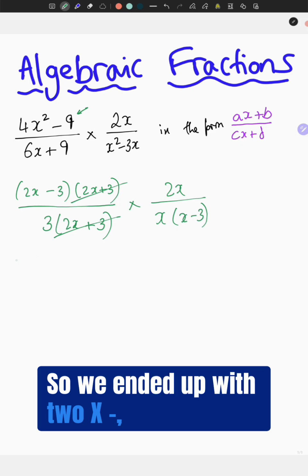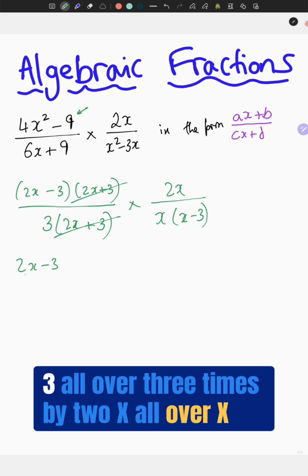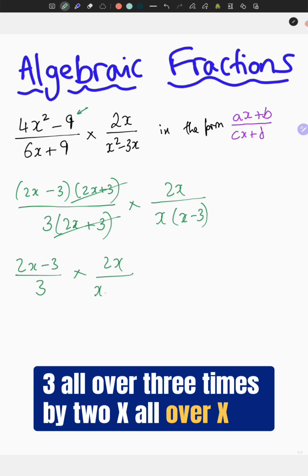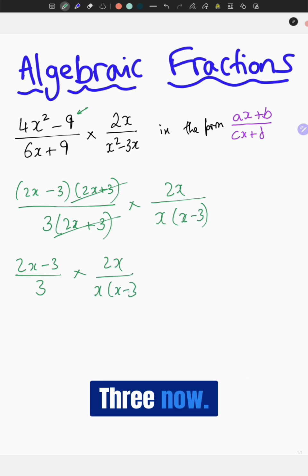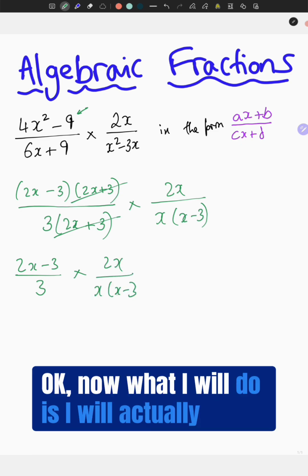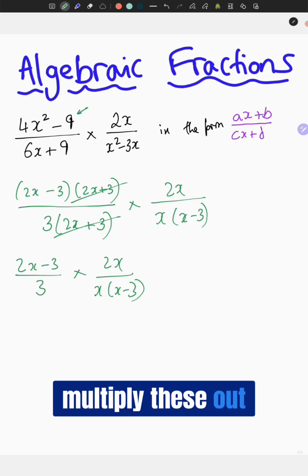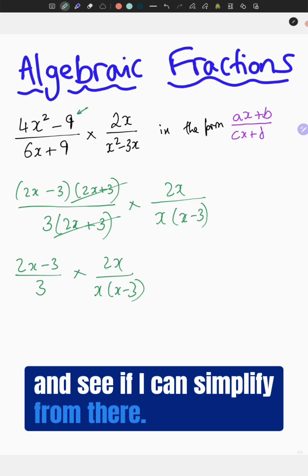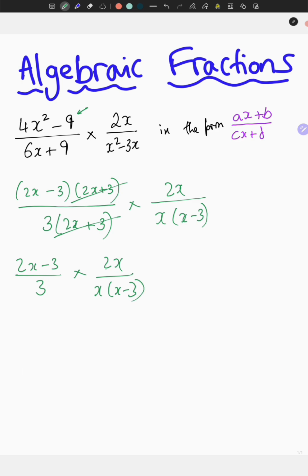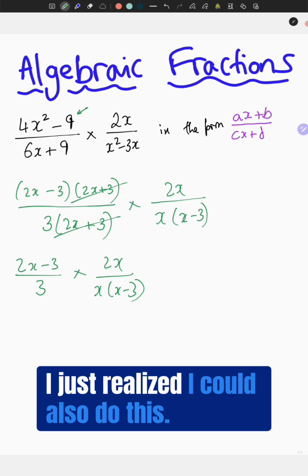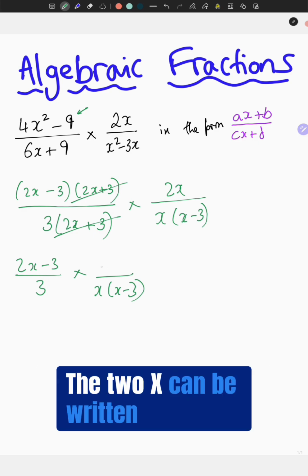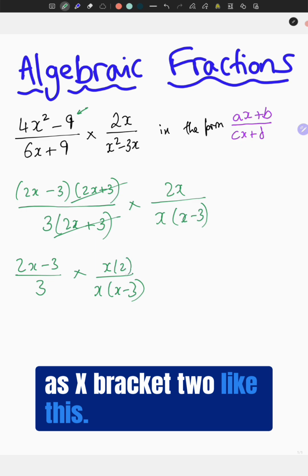So we ended up with (2x − 3) over 3, times 2x over x(x − 3). Now, I will multiply these out and see if I can simplify from there. But before I do that, I just realized I could also do this. The 2x can be written as x(2), like this.